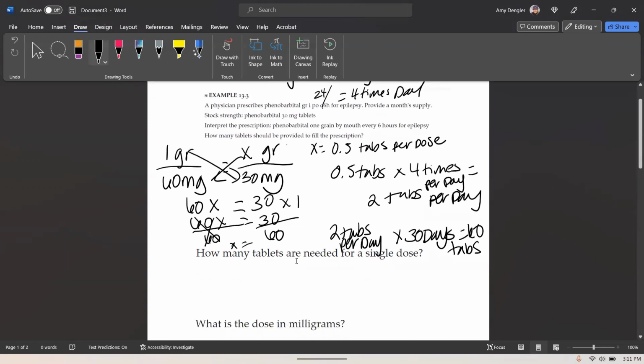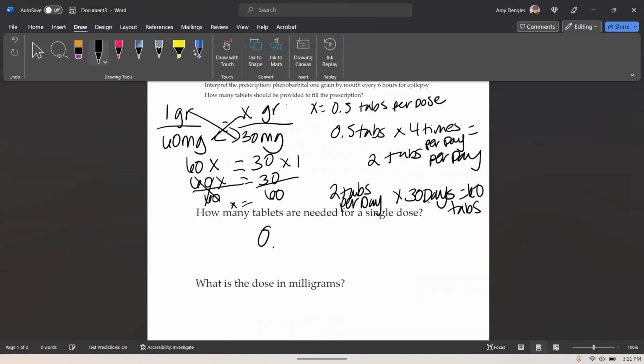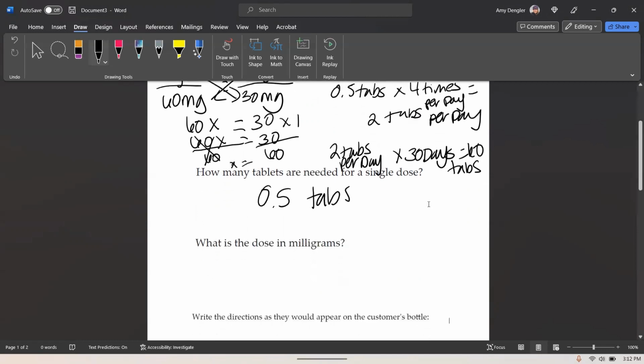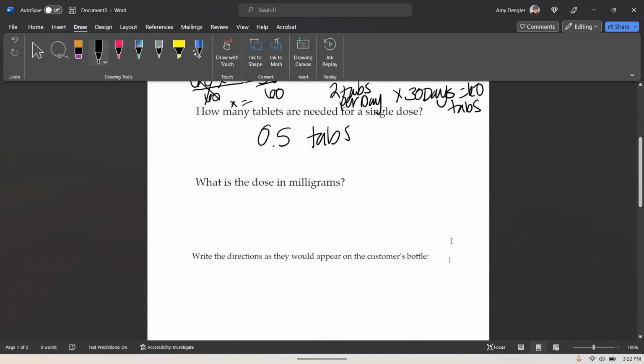Then it says how many tablets are needed for a single dose. We already figured that out, that was 0.5 tablets. So a half of a tablet. And what is the dose in milligrams? And the half a tablet would be 30 milligrams.